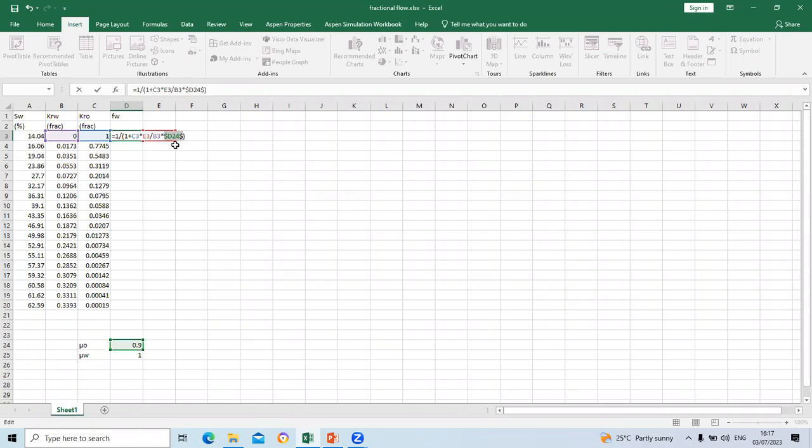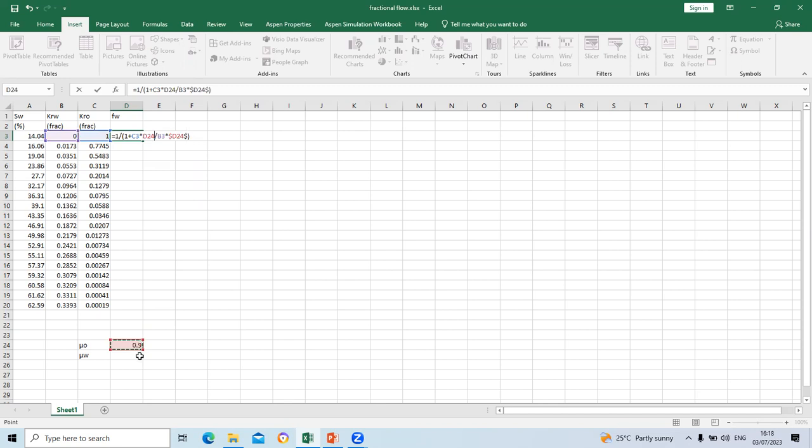Let me see. The dollar sign times. Where is this E3 coming from? Oh yeah, I could probably point something. So what we have there is D24, D20.